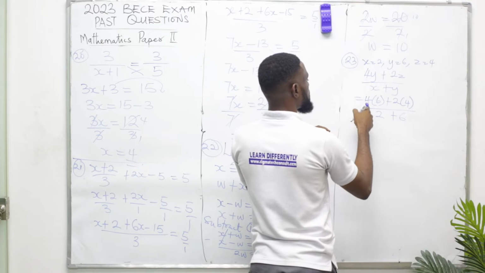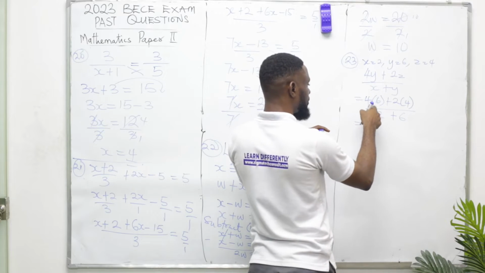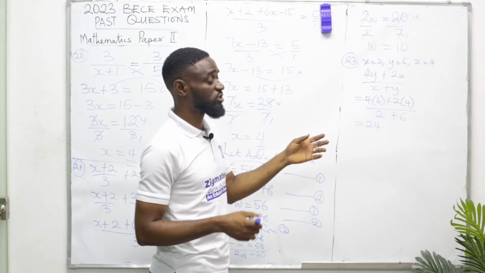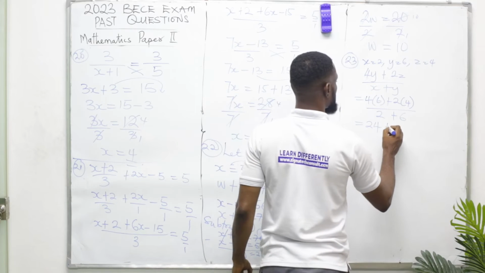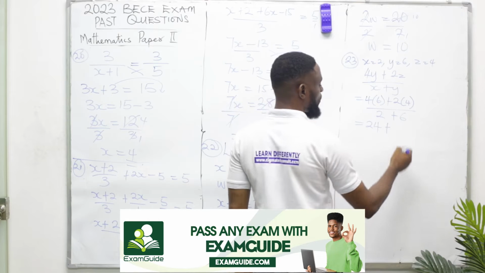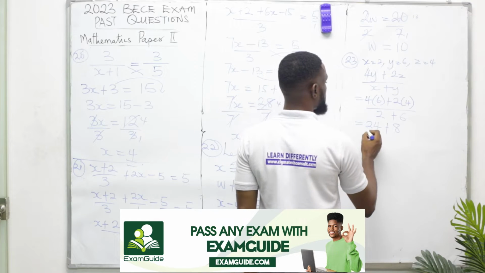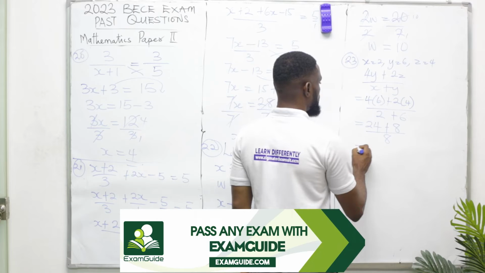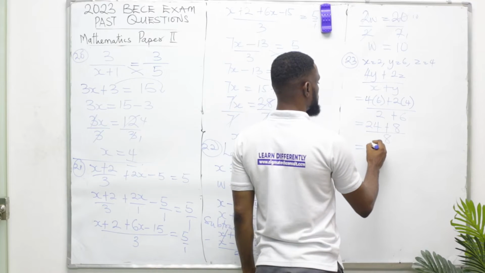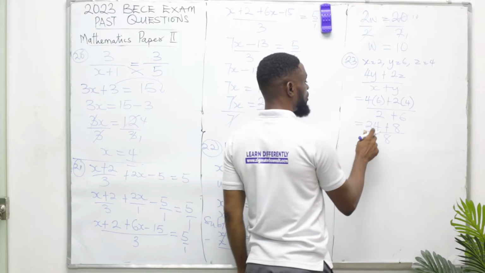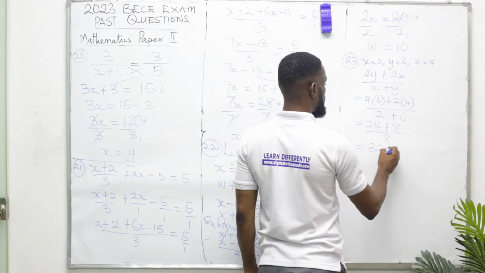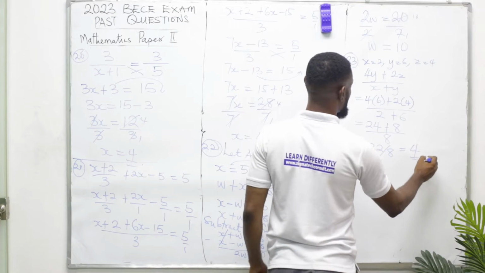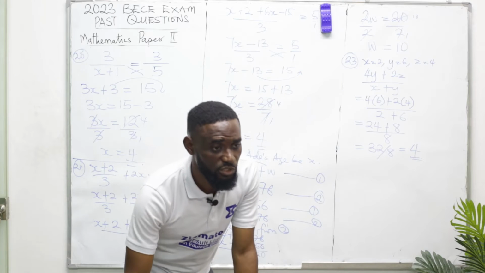So this is 4 times 6, that gives us 24, plus 2 times 4 is 8, divided by 2 plus 6, which is 8. 24 plus 8 should give us 32, divided by 8. 32 divided by 8 gives us 4. So the answer to that question is 4.